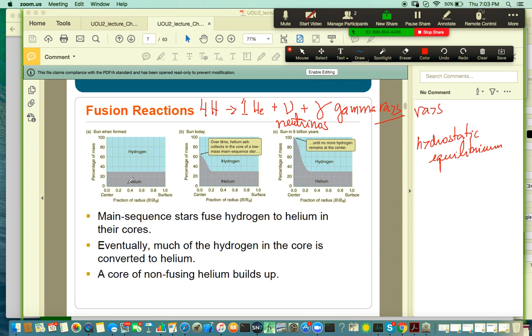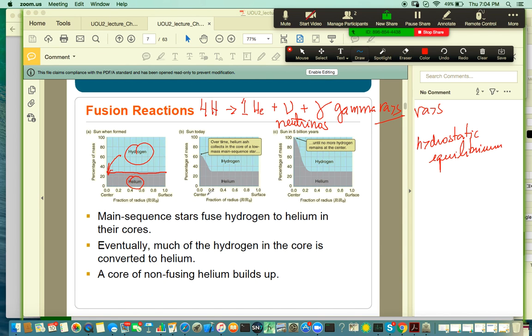So what this figure is showing is when the star initiates its lifetime, it has about 75% or so of hydrogen, and the remaining is helium, and it has some trace elements of all the other atoms. But as the star evolves and as energy ends up being produced in the core, the core starts converting hydrogen into helium.